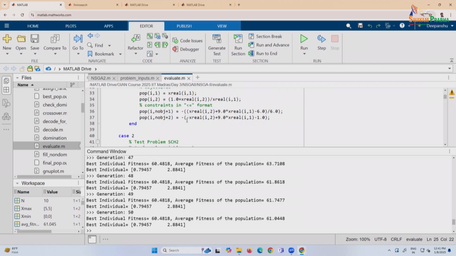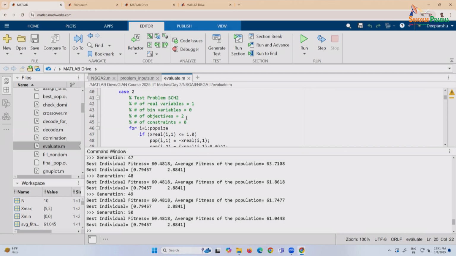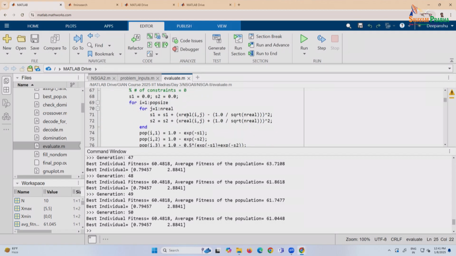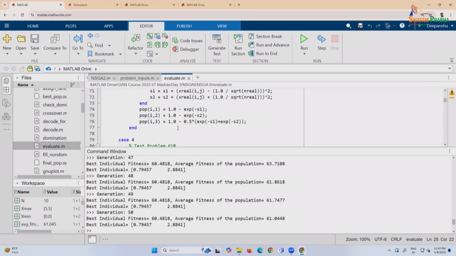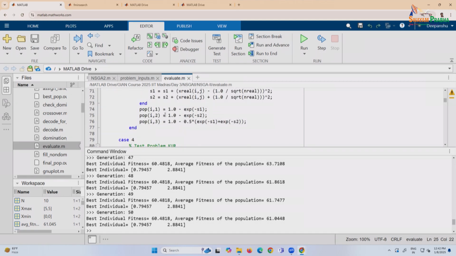Let me show you with maybe Schaffer's function. It's also single, there are a number of objectives, how many, 1. I am going to show with 2 variables at least. Fonseca, okay, it's a little complicated function. We could try any one of them. This also has constraints. So let me see. These are 3 objectives.